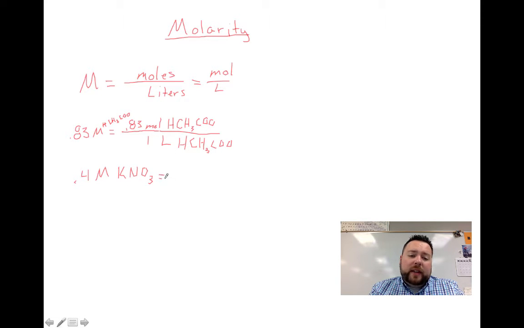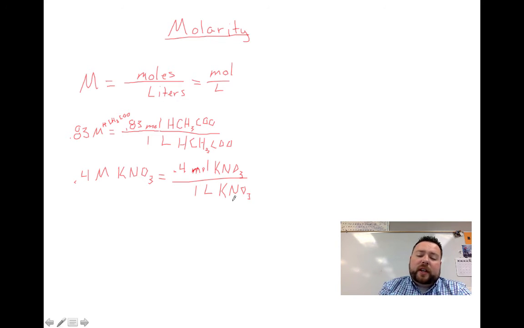I could rewrite that because I'm going to need to put this into my dimensional analysis in order to convert and find out how many liters I'm going to need. So 0.4 molar solution of potassium nitrate could also be written as 0.4 moles of potassium nitrate over 1 liter of potassium nitrate solution.